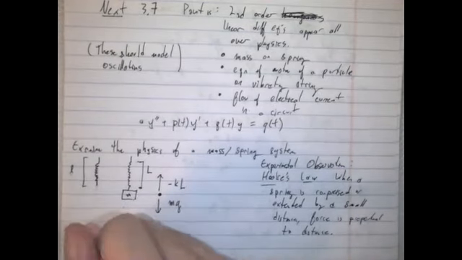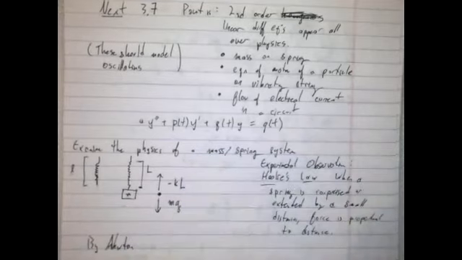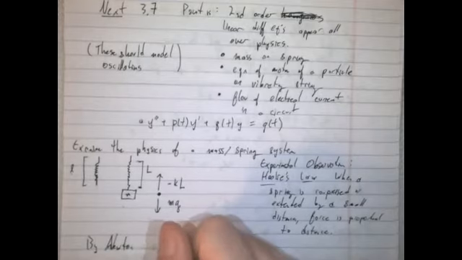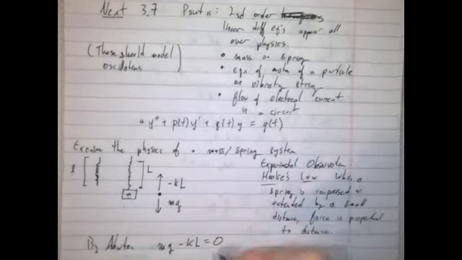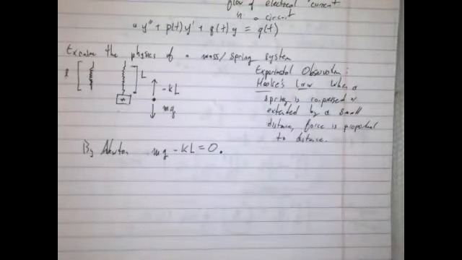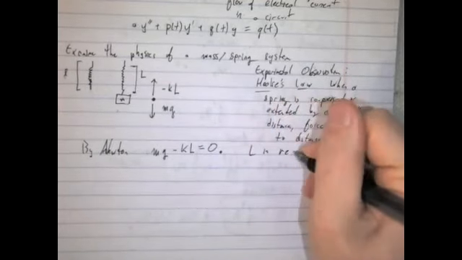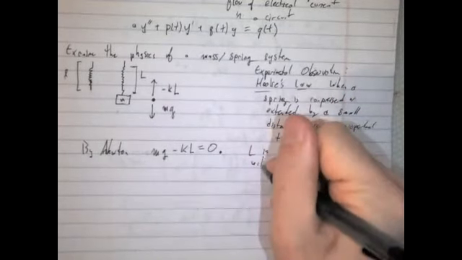Okay, so by Newton, this system is not moving. So what I get is that mg minus kL is equal to 0. In other words, all the forces are balanced. So L is the resting length with the weight.